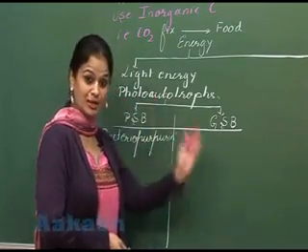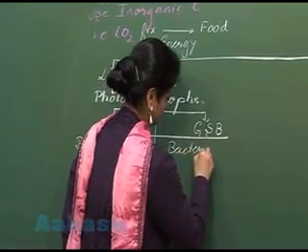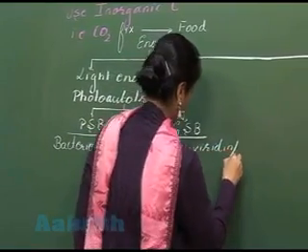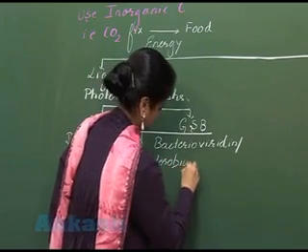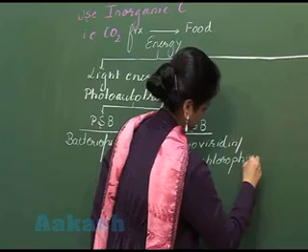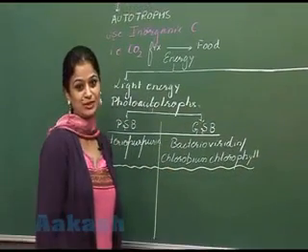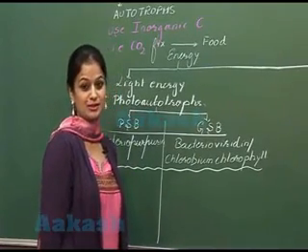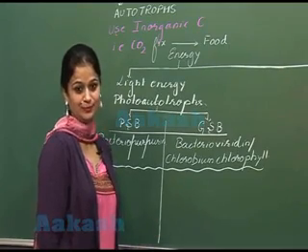Now in the case of the green sulfur bacteria, it is bacterioviridin, also known as chlorobium chlorophyll. So these are the pigments which are present in the bacteria, and you know this very well. The pigment which is present in the plant for absorbing light energy is chlorophyll.